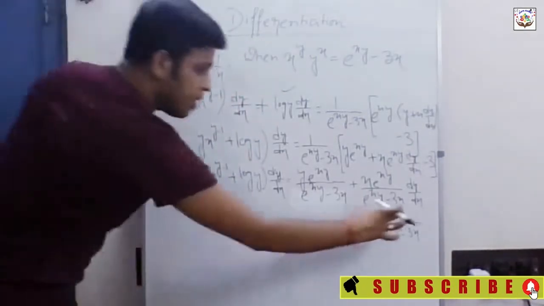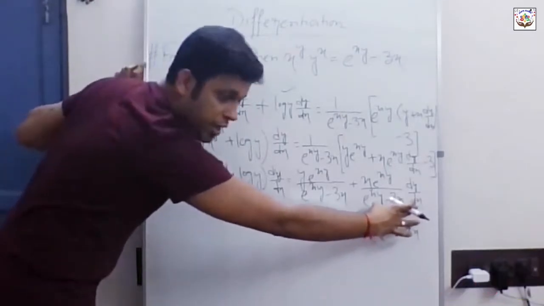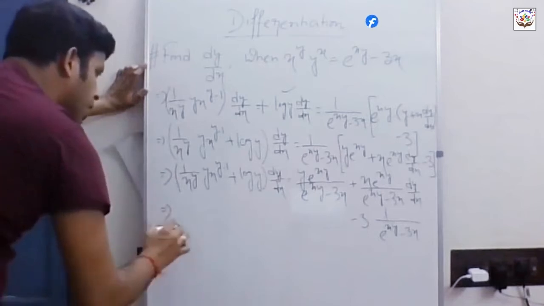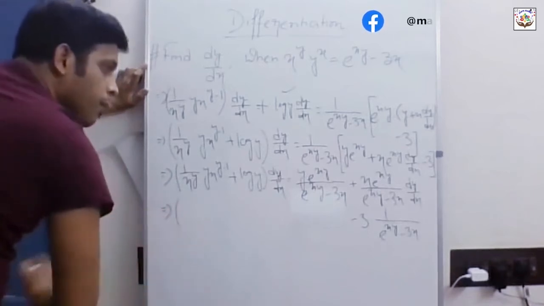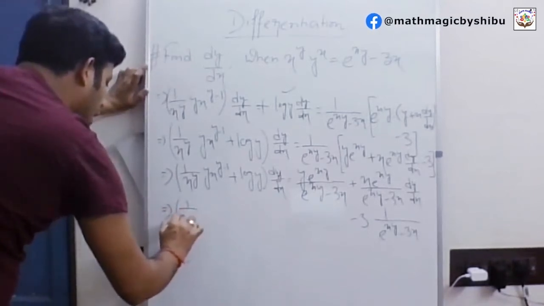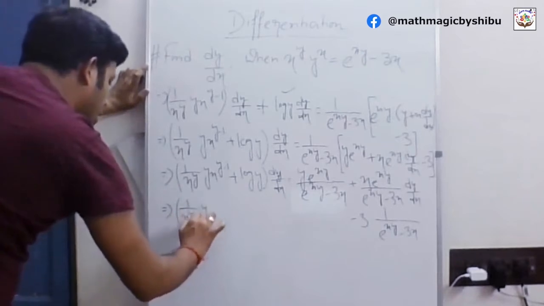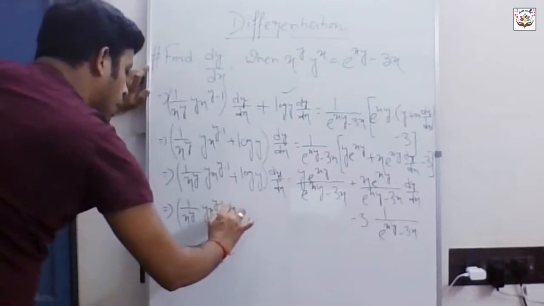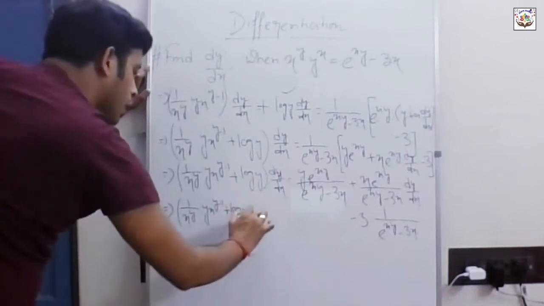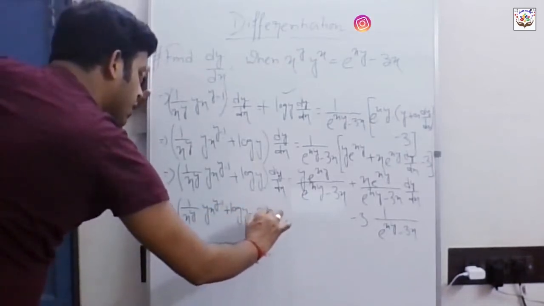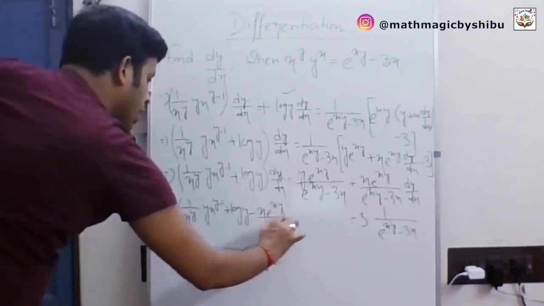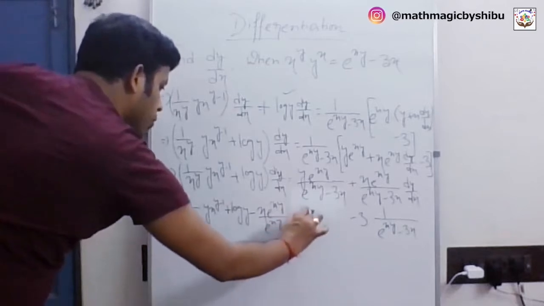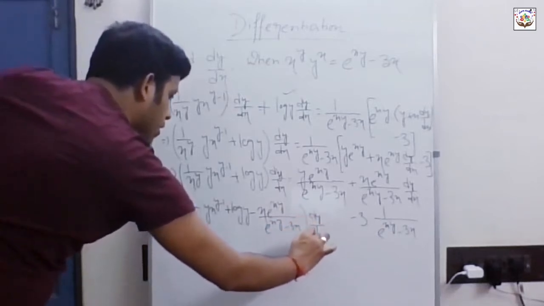So now we will take this part, as it contains dy dx, into the left hand side. So what will I get? I will get 1 by x to the power y into yx to the power y minus 1 plus log y minus x e to the power xy divided by e to the power xy minus 3x. That would be under dy dx, right?